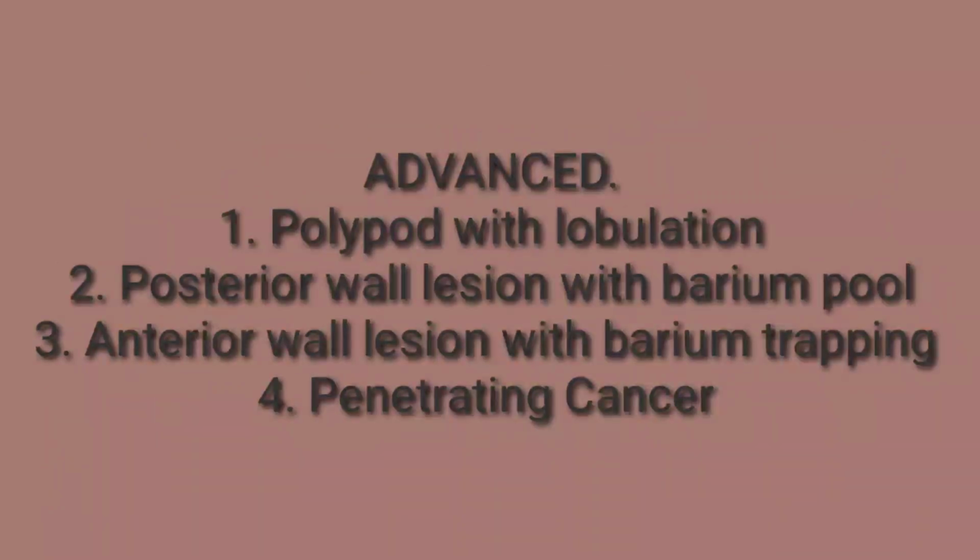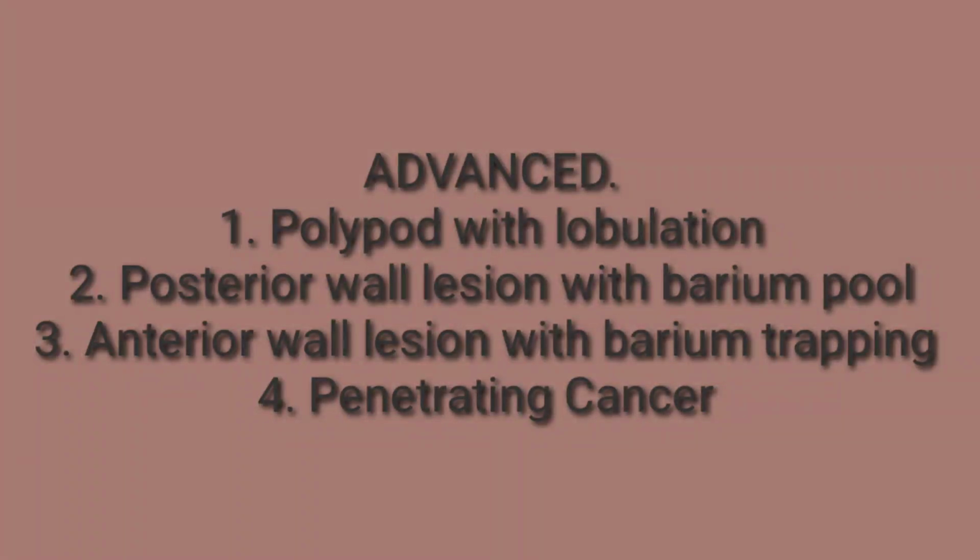While in advanced cases on fluoroscopy, the lesion would appear as either a polypoidal cancer, and this would be lobulated or fungating in character. The lesion may be on a dependent part or the posterior wall. It will have a filling defect, with barium pooling in it.